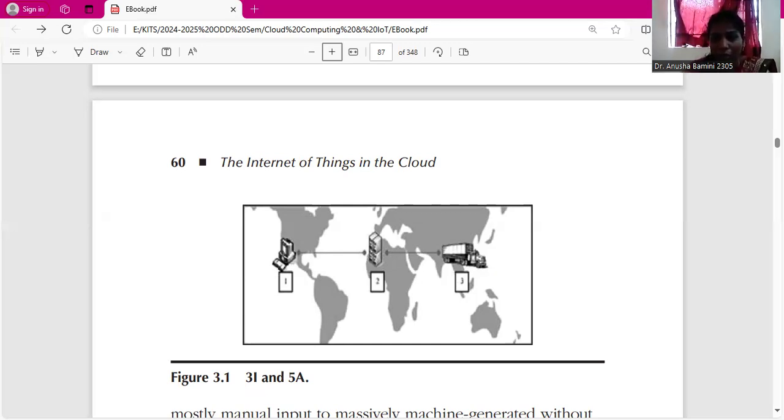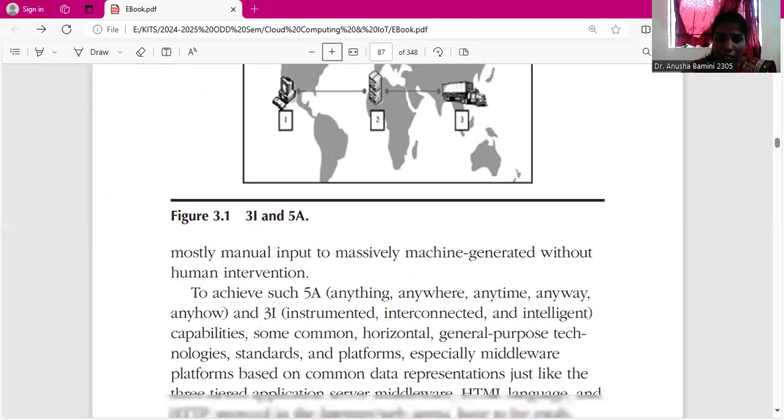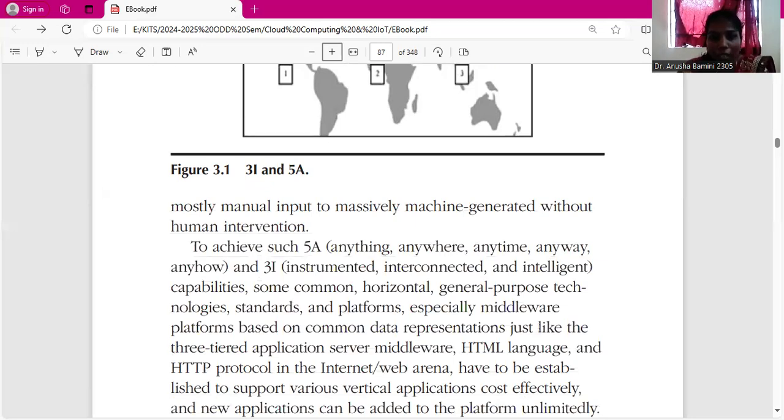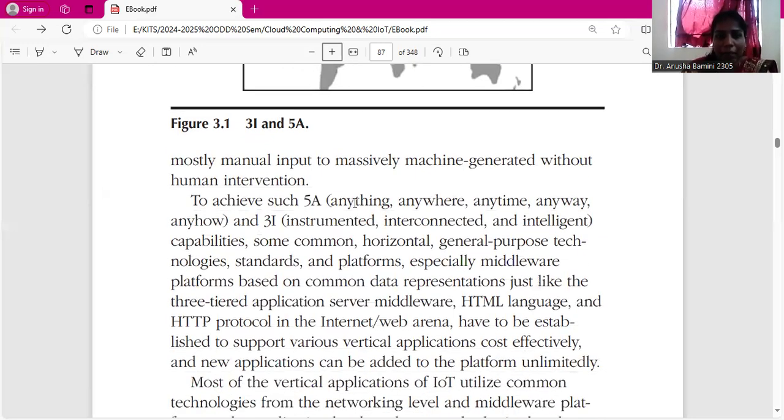To work with the Internet of Things, every object must be interconnected as well as instrumented, and it works intelligently. This is called the three I's as well as the five A's. The five A's are: anything, anywhere, anytime, anyway, and anyhow.